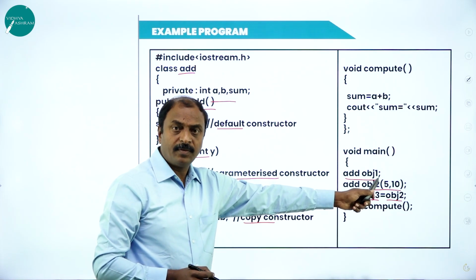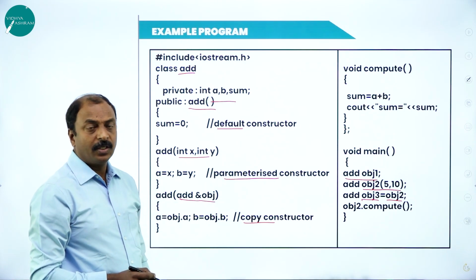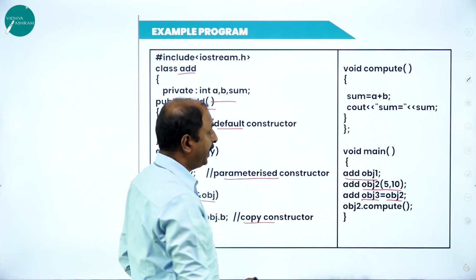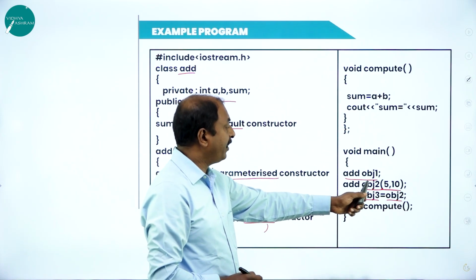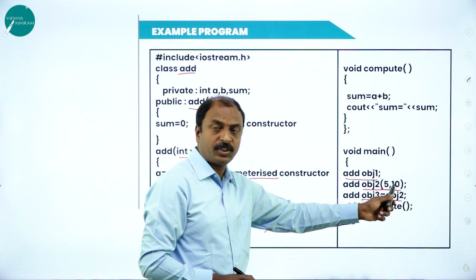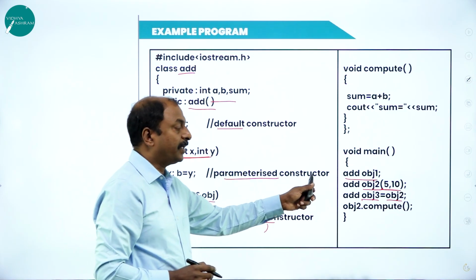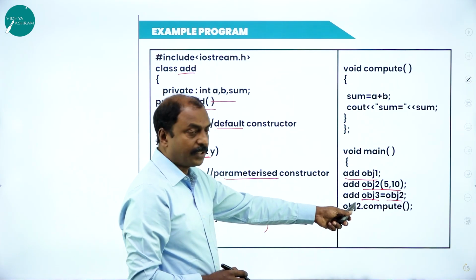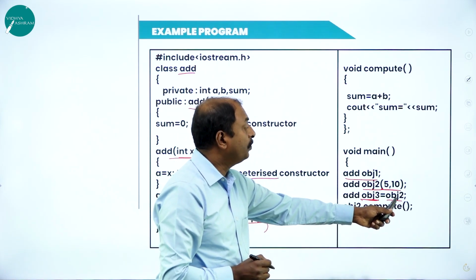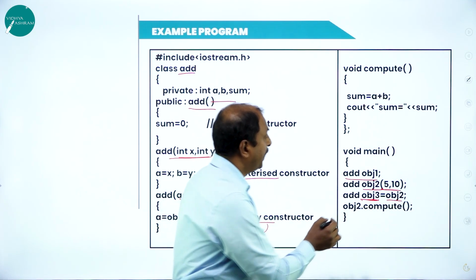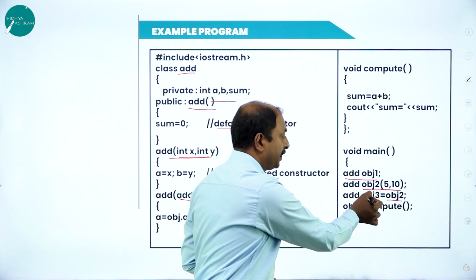obj1 doesn't have any parameters, so it refers to the default constructor. Obj2 with 5, 10 has two parameters, so it points to the second constructor, that is the parameterized constructor. Next, the third one is the creation of an object obj3 from obj2. Here obj2 itself is an object, and we are copying obj2 to obj3.